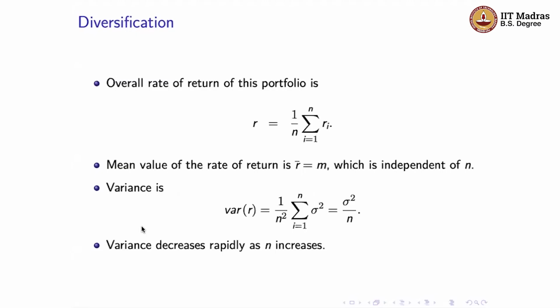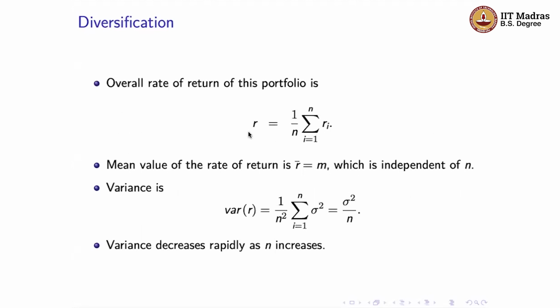So what's the overall rate of return of this portfolio? That's going to be summation over i from 1 to n, wi ri. So here wi was 1 over n, so we can take the 1 over n outside. So the rate of return for the portfolio is equal to the average rate of return of these individual assets, right? And what about the mean rate of return?